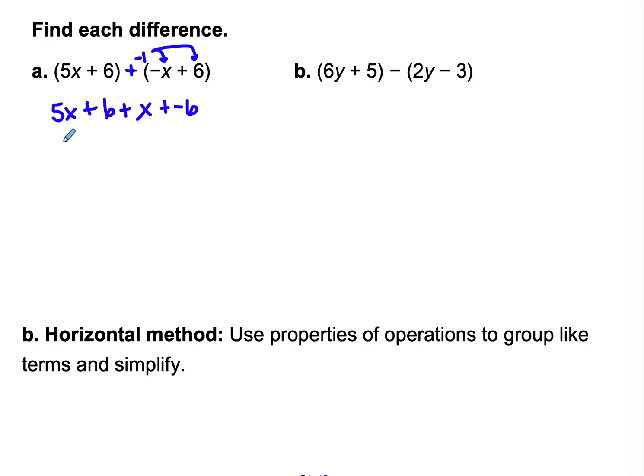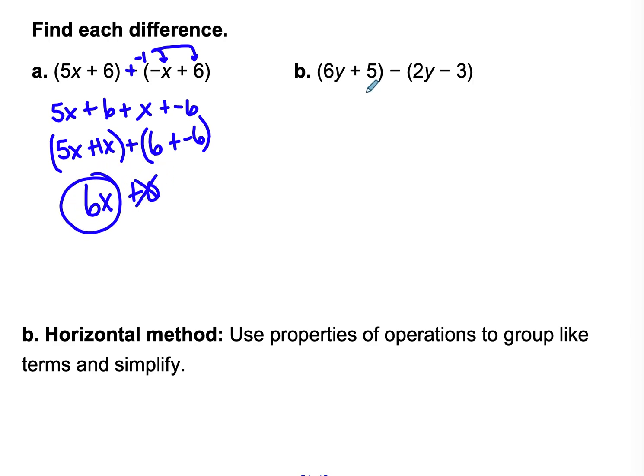We need to find and combine the like terms. 5x plus x plus 6 plus -6. 5x plus x is 6x. Remember, x is like 1x. 6 plus -6 is 0. Don't need that 0. 6x.